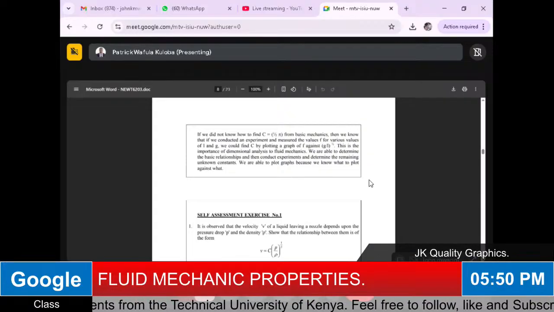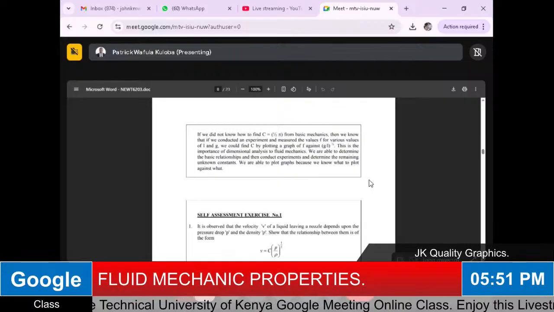The MLT equation for density: density is mass per unit volume.